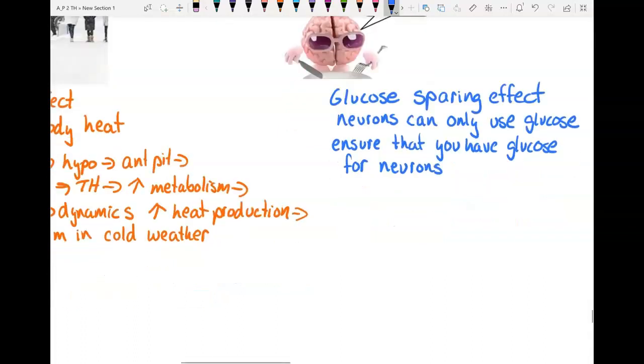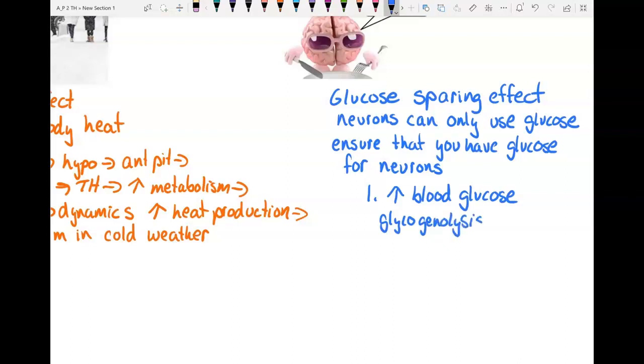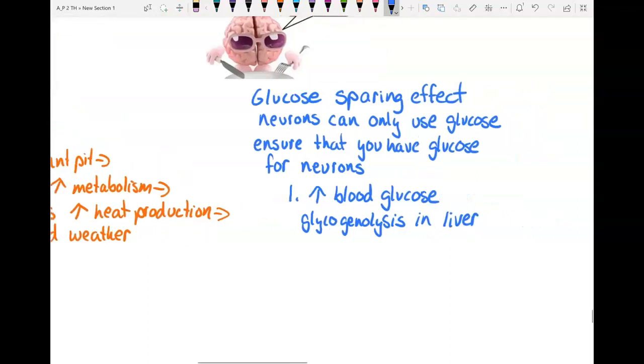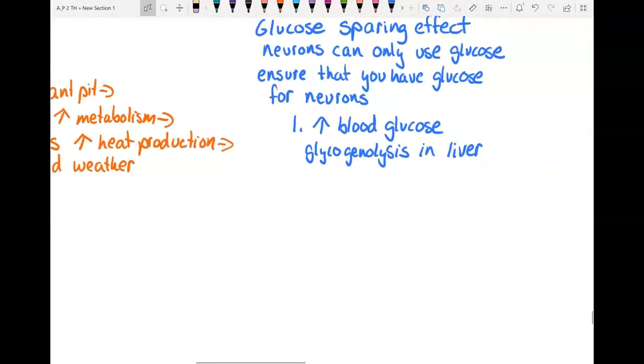So you do this two ways. One way is to increase the blood glucose level. You did that with the glycogenolysis of your liver. If there's more glucose in your blood, there you go. Your neurons can get it. The second thing is you also increase your blood lipid.